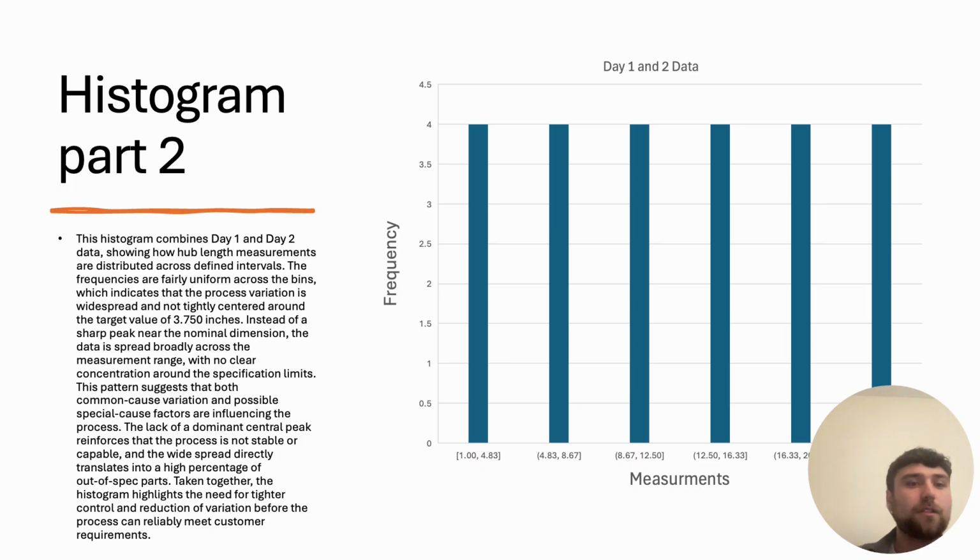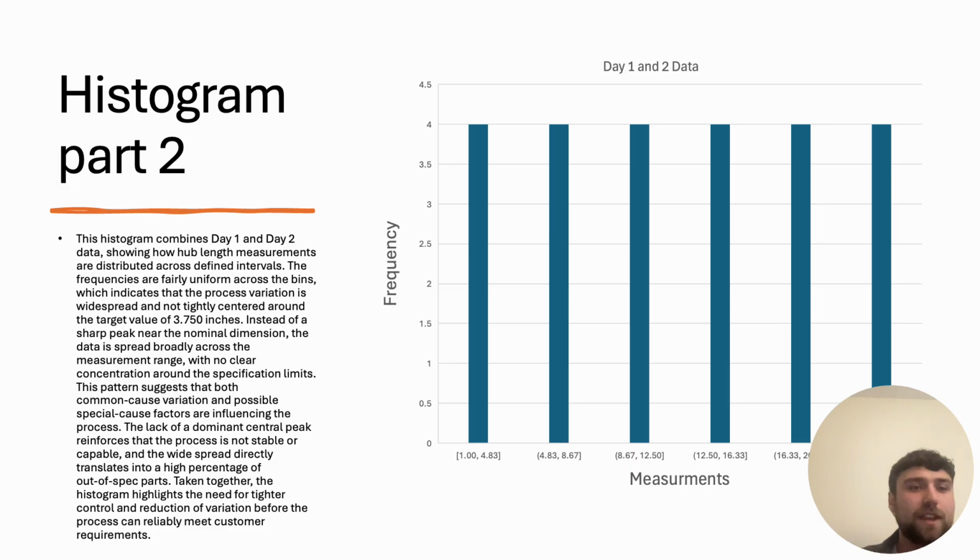The frequencies are fairly uniform across the bins, which indicates that process variation is widespread and not tightly centered around the target value of 3.750 inches. Instead of a sharp peak near the nominal dimension, the data is spread broadly across the measurement range, with no clear concentration around the specification limits.